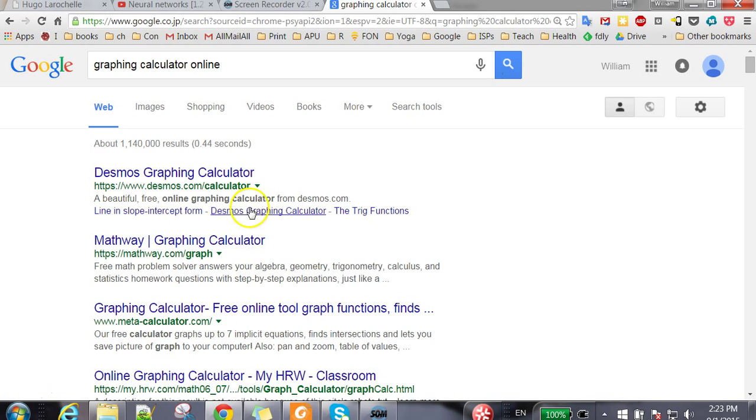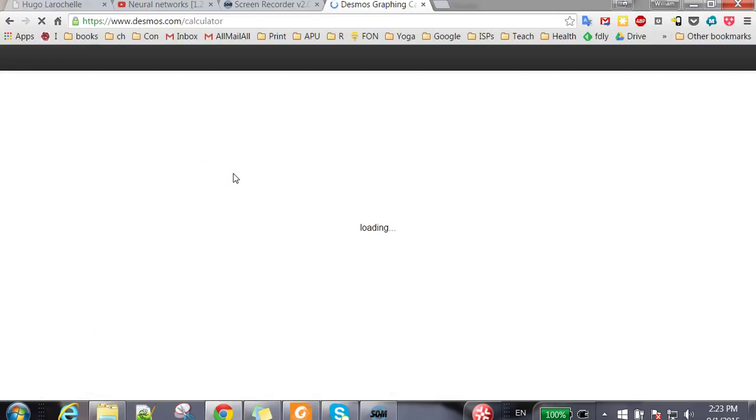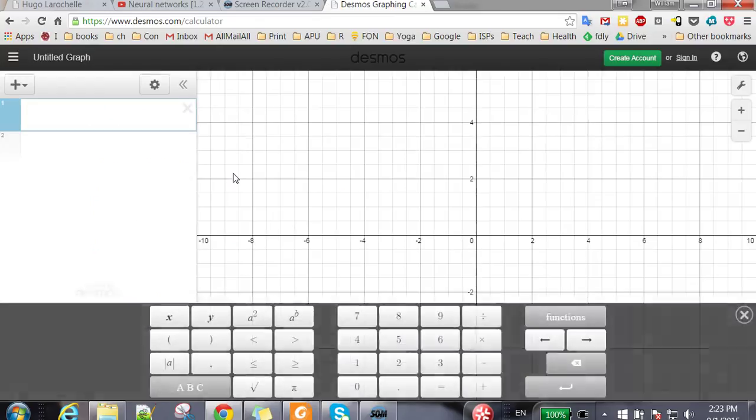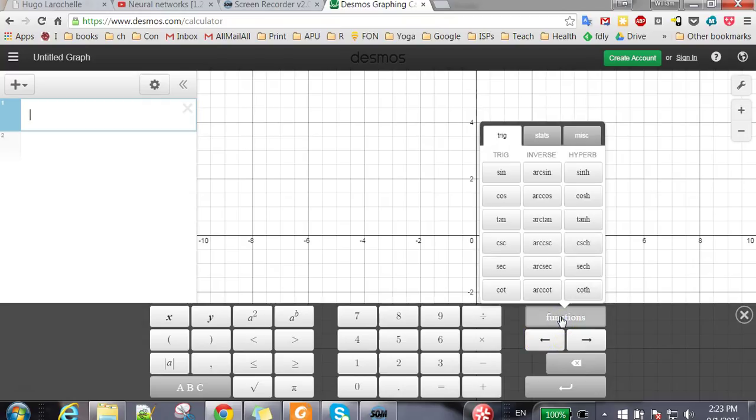I'm not sure. Maybe just to check this out, does this work? I just looked up a graphing calculator online. I wonder if we can get graphs of these things. Do they have e to the x or anything like that here? They don't have it. Functions. Oh, okay. Arctan.